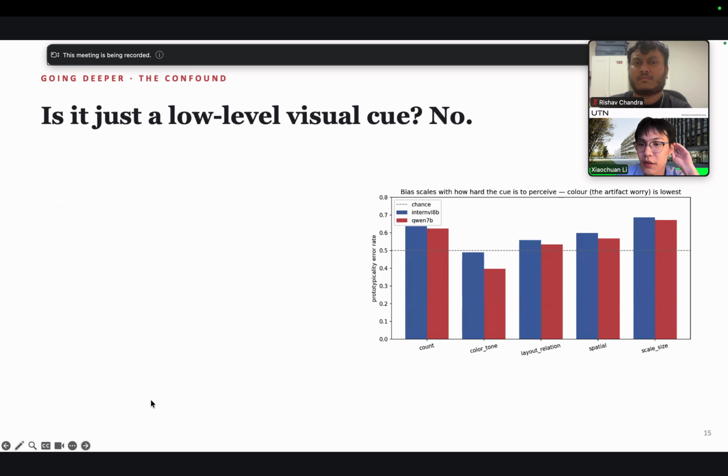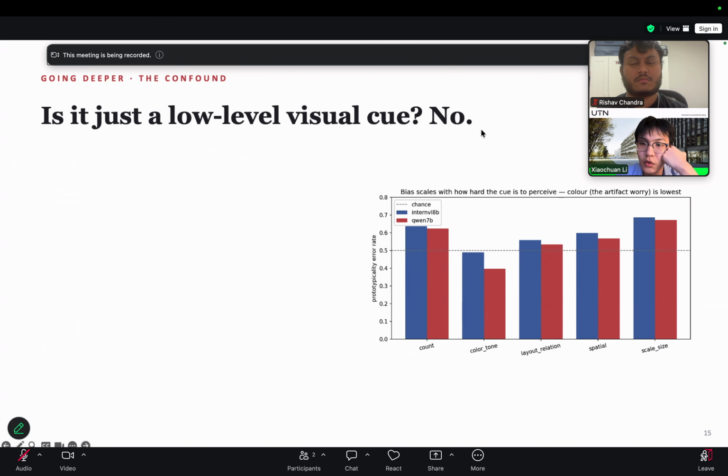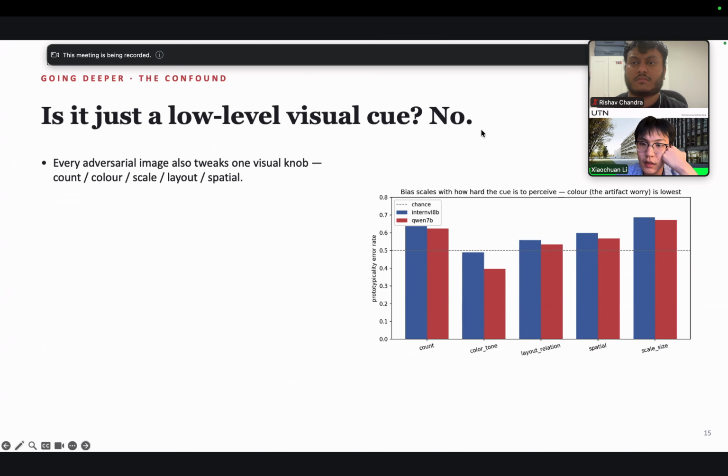And we also need to address another potential confound, because every adversarial image also tweaks one visual knob: count, color, scale, layout, spatial. Maybe the model isn't reacting to prototypes at all, it's just reacting to the change of color.